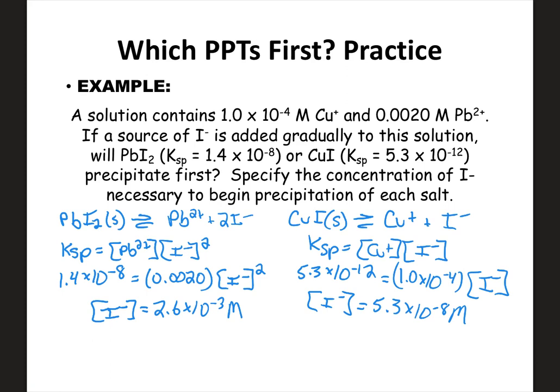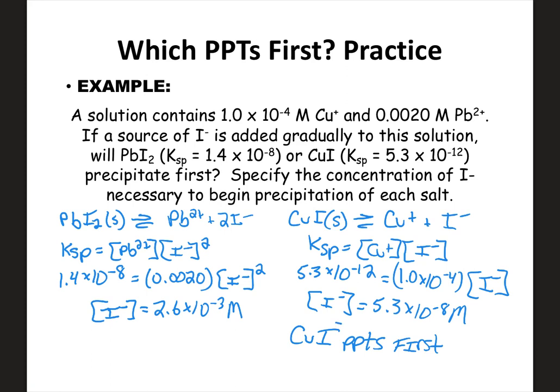So if I compare the two here, the CuI would actually precipitate first, because it will precipitate when I minus has a concentration of 5.3 times 10 to the minus 8th, which is lower than the concentration of the I minus needing to be 2.6 times 10 to the minus third for the PbI2.